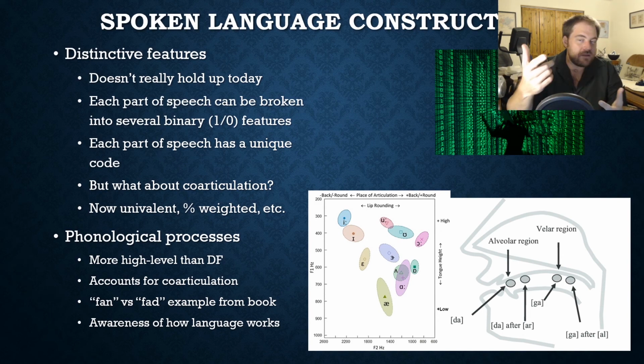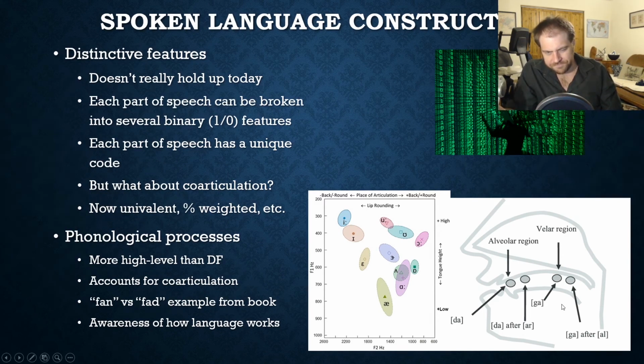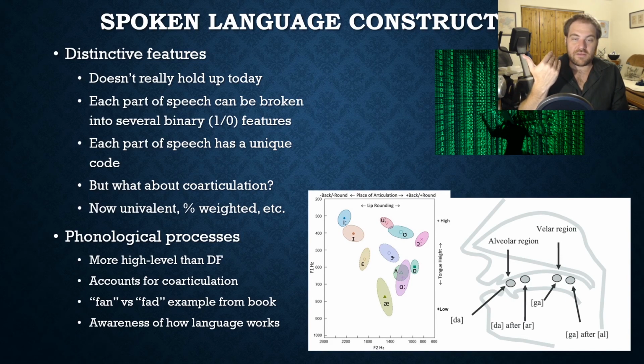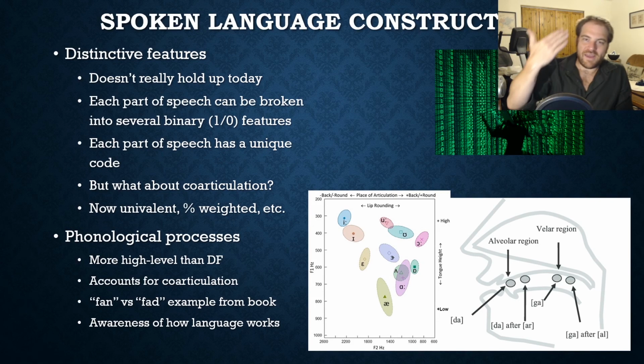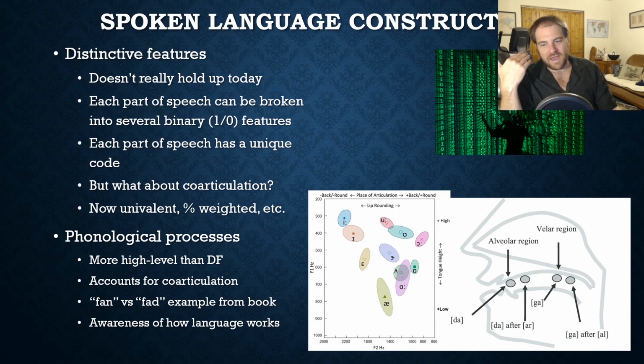Da. Good job. But if you say arda, go ahead and say arda. Your tongue moves back. It doesn't go arda. It sounds a little weird. So you can say da, right where you do, but then arda is back. And you can say ga, or you can say alga, and see how it's moved back as well.